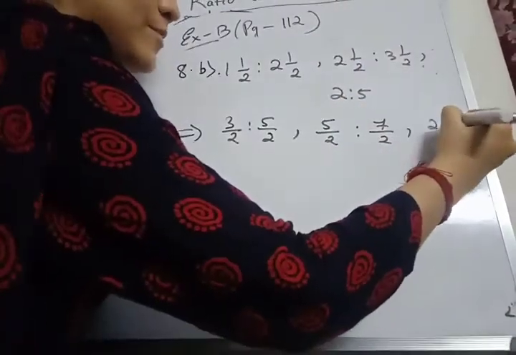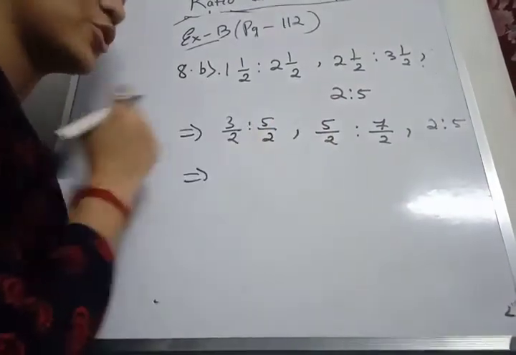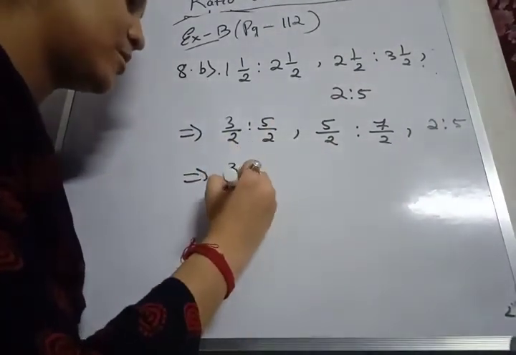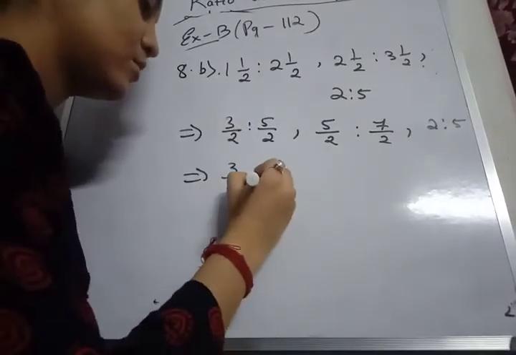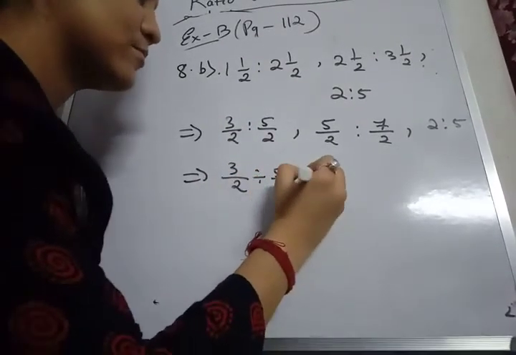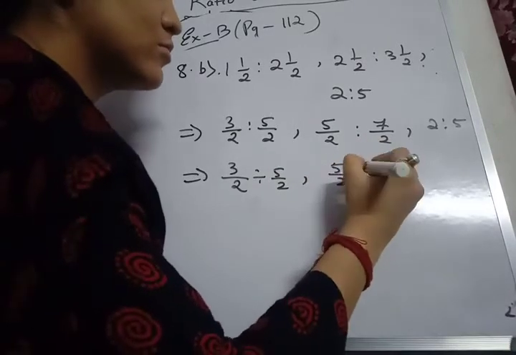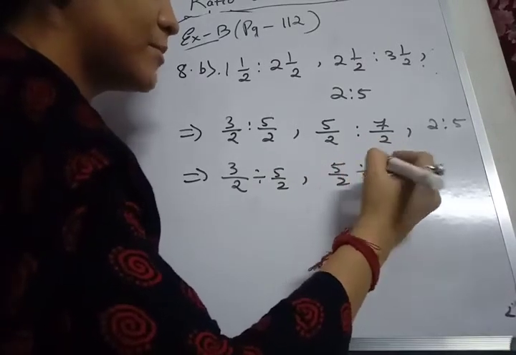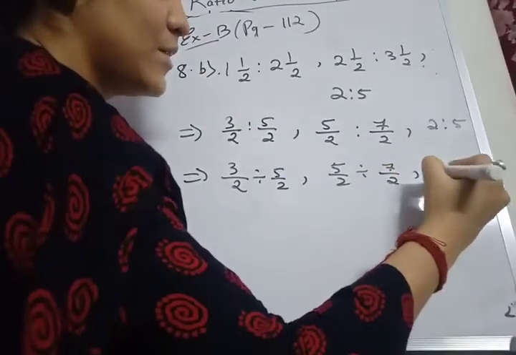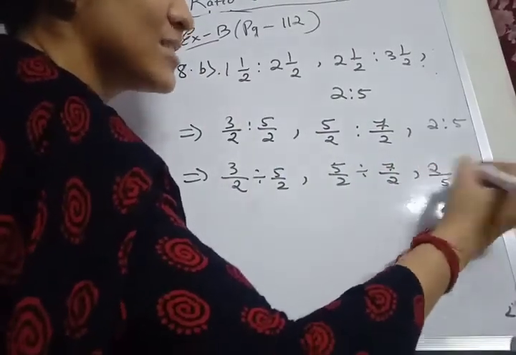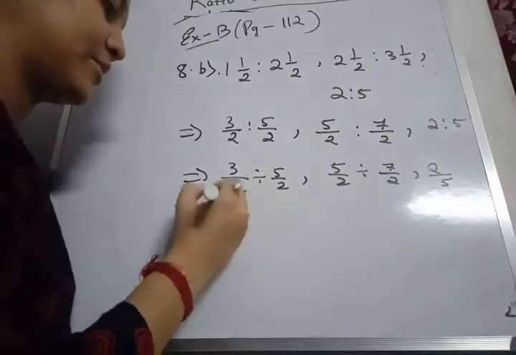Now when I change the ratio to division, 3 by 2 divided by 5 by 2. 5 by 2 divided by 7 by 2. And this one we have 2 by 5. This is a simple form. So writing as 2 by 5.